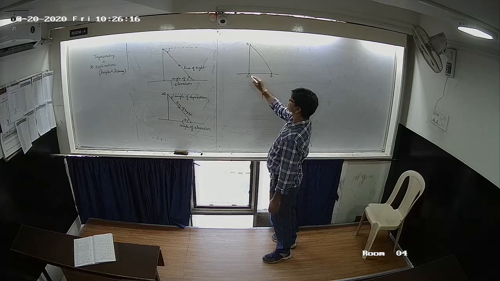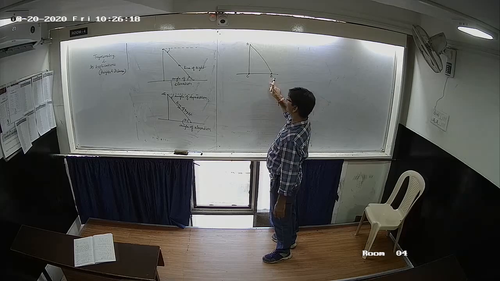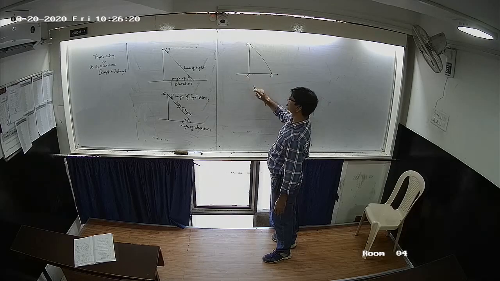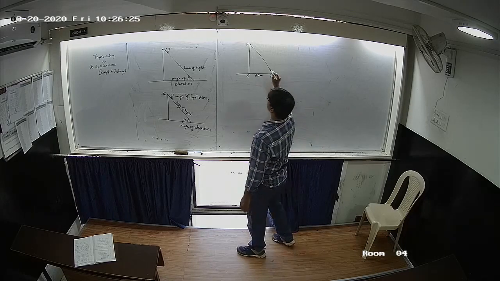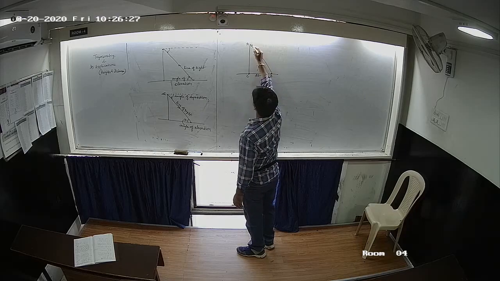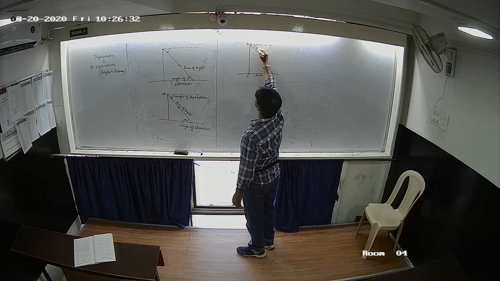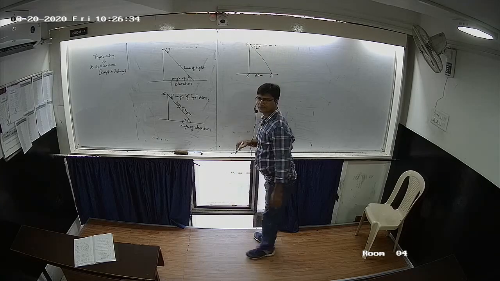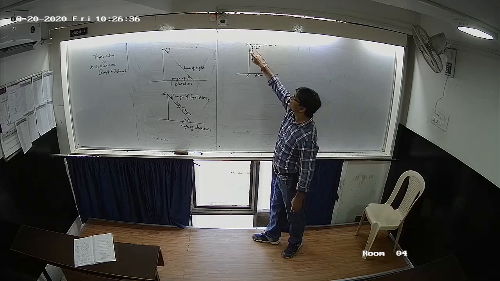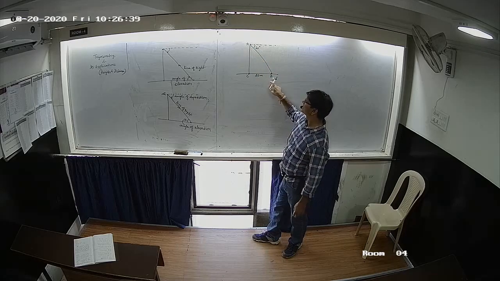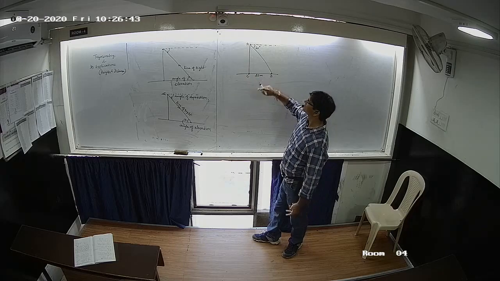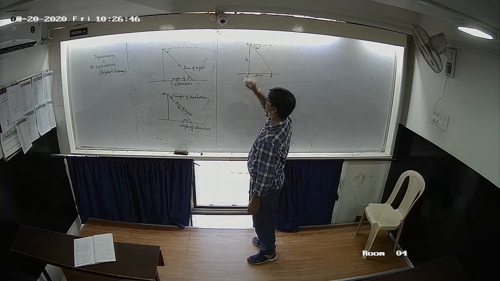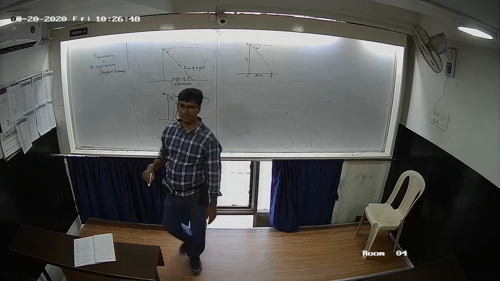Suppose the distance of the ball from the foot of the building is 20 meters, and the angle of depression is say 60 degrees. The ball has fallen 20 meters away from the foot of the building. Then, what is the height of the building? So you need to find the height of the building.